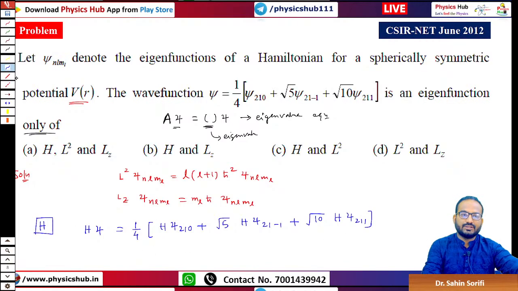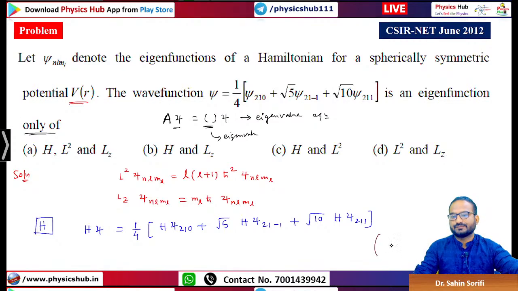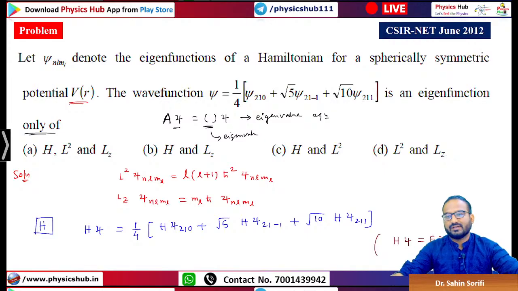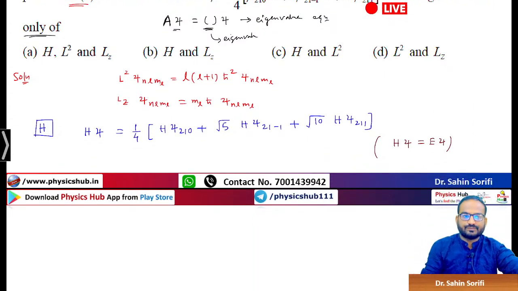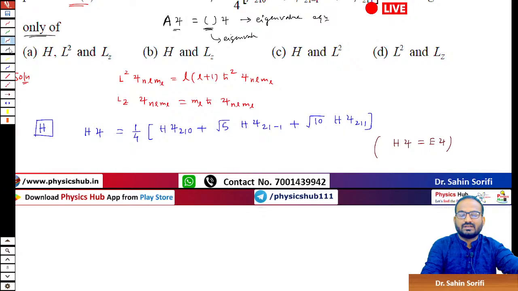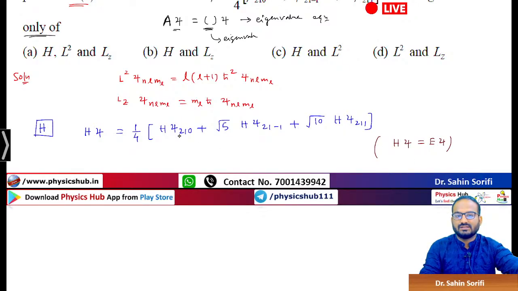Now we know a relationship that H psi equals E psi, right? The eigenvalue you get is the energy. Now energy depends on the n value. Here 2 is there, so the principal quantum number n decides the energy value, right? So what will be the value of this thing? Everywhere n equals 2 is there, so the energy value will also be the same. So we are writing that as En.